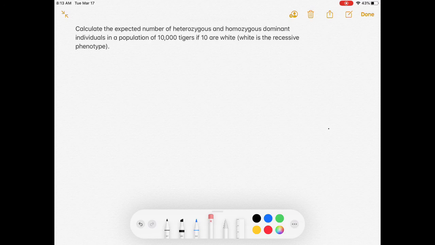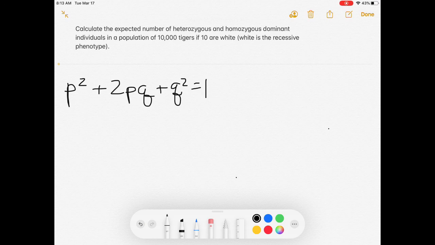Okay, so before we get into this problem that we see above us, I just want to remind you of all of the variables in this problem. We have two formulas. We have p squared plus 2pq plus q squared equals 1. And remember, whenever we write frequencies, we are going to use decimal points.